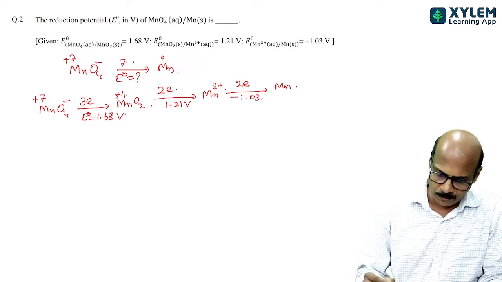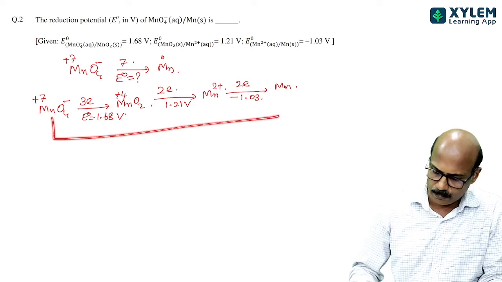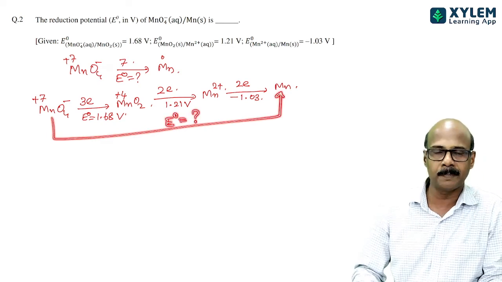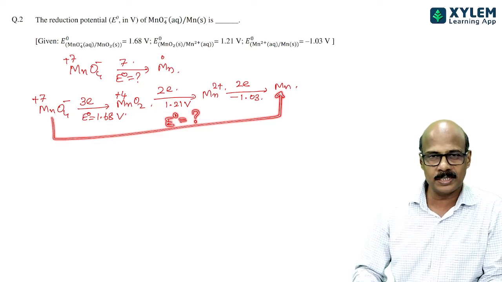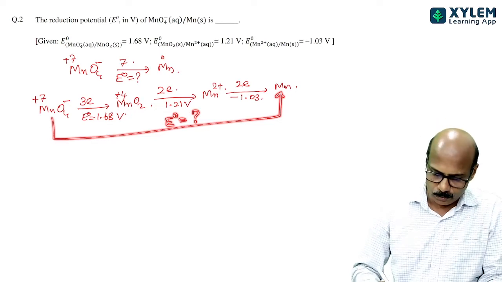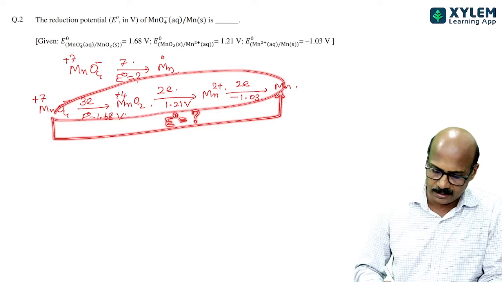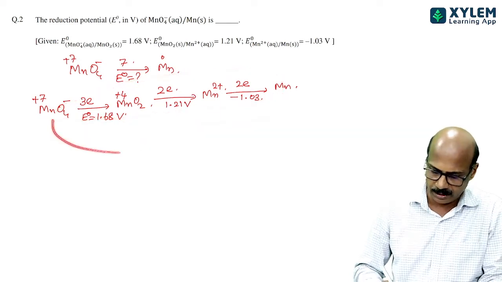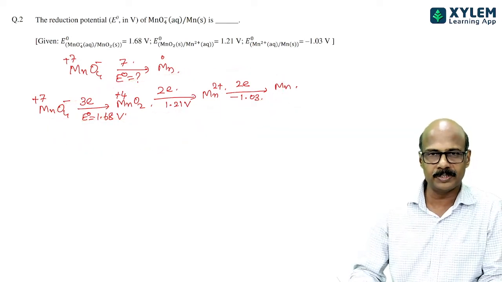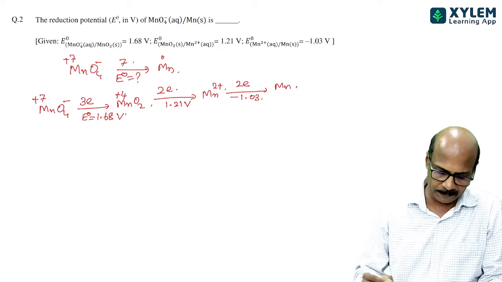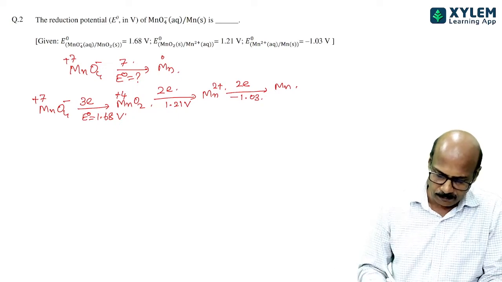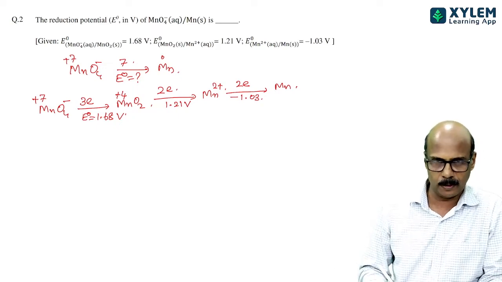What is required is permanganate converted into Mn, what will be the E0 value of it? Since electrode potential is an intensive property, you cannot directly add these electrode potentials to get the required electrode potential. Instead, you want to convert it into a delta G value, because delta G is an extensive property. So, first let me find out the delta G value of that process.